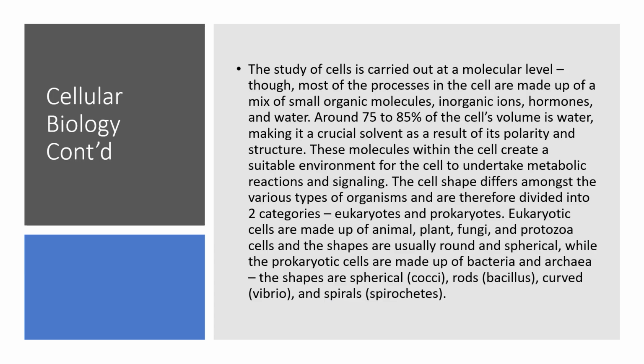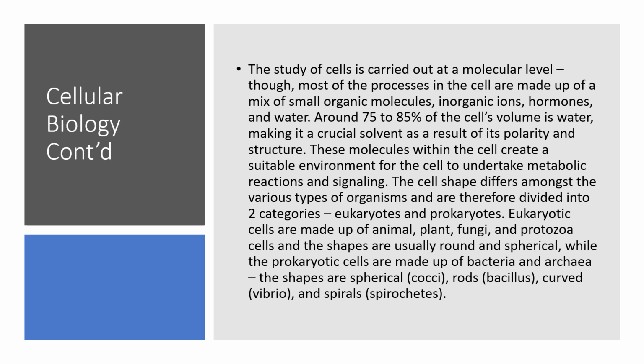The study of cells is carried out at a molecular level, though most of the processes in the cell are made up of a mix of small organic molecules, inorganic ions, hormones, and water. Around 75 to 85% of the cell's volume is water, making it a crucial solvent as a result of its polarity and structure.